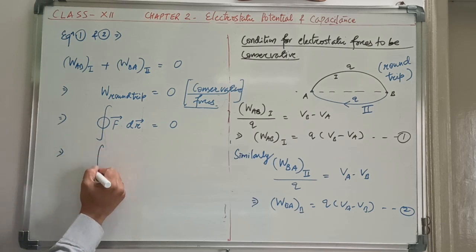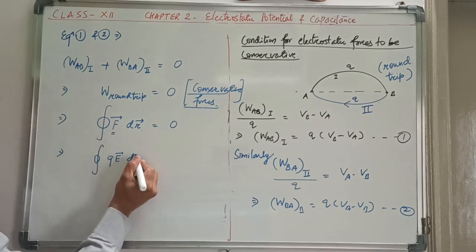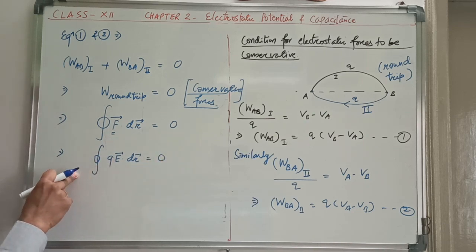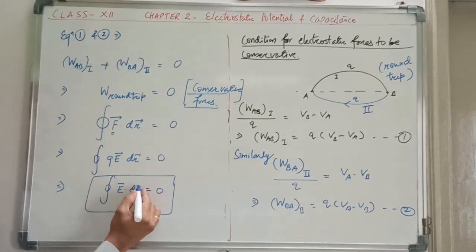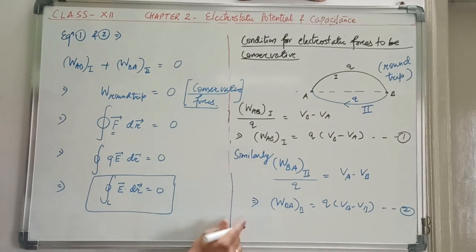So this may be written as the closed integral of F, which is QE, dot dr, is equal to 0, and Q can be taken common and it cannot be equal to 0, so you can write the closed integral of E dot dr is equal to 0. So this is the condition for the electrostatic forces being conservative here, and this integration is over a line only, so this is known as the line integral of electric field over a closed loop is 0.